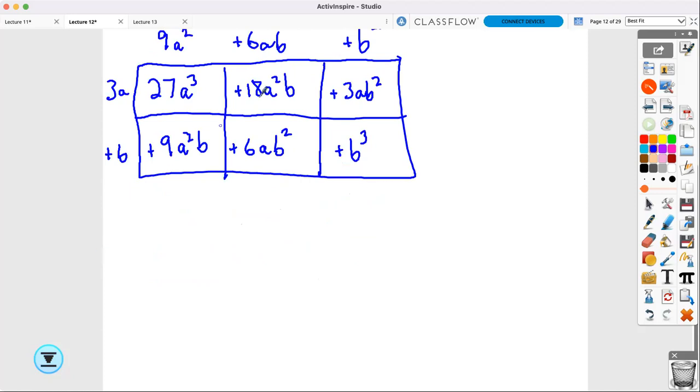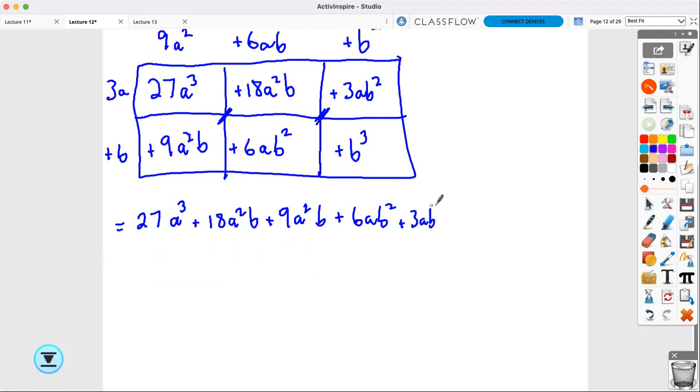Now write it all down. Notice how the diagonals, these are both like terms here. So then it'll be equal to 27a cubed plus 18a squared b plus 9a squared b plus 6ab squared plus 3ab squared plus b cubed.